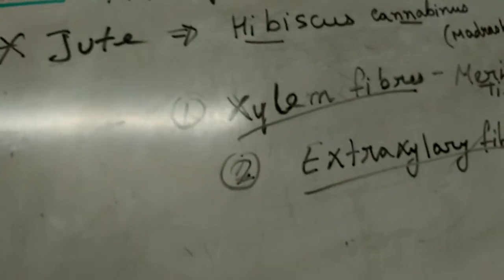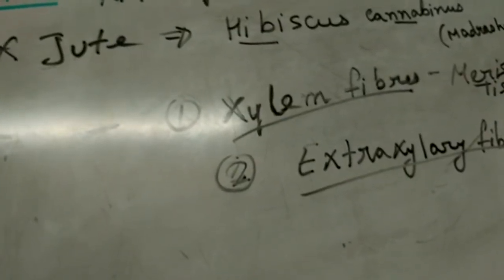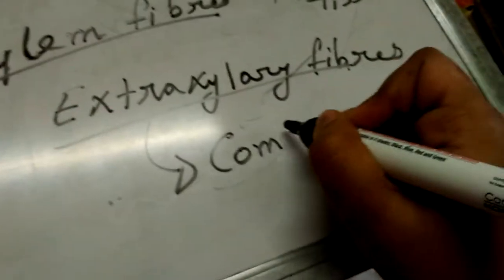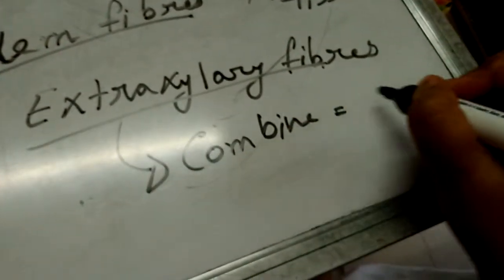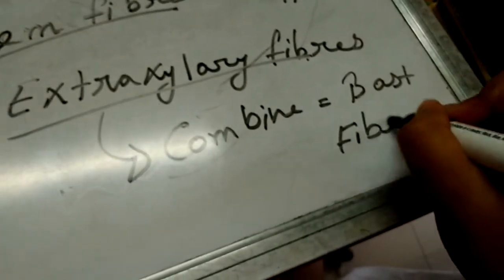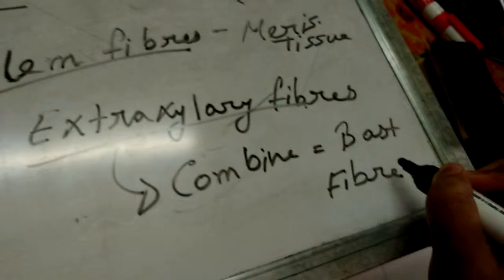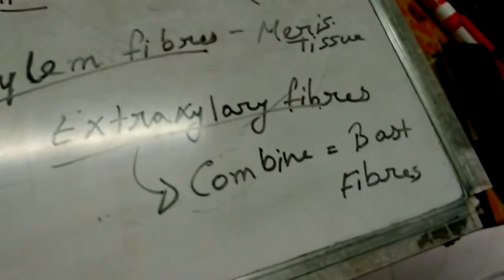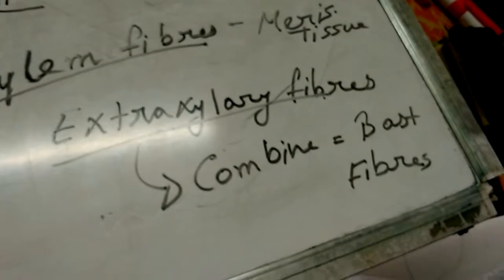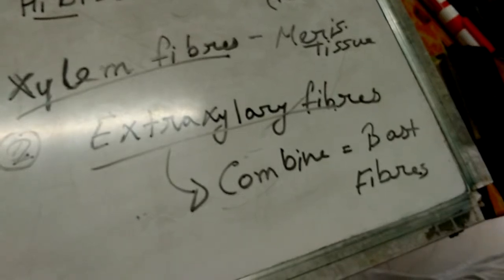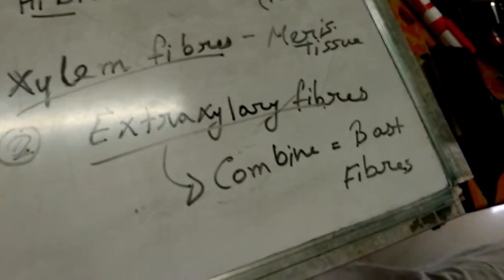And extraxillary fibers, their combination is known as bast fibers. So extraxillary fibers aggregate to form bast fibers, and are found in positions other than xylem.